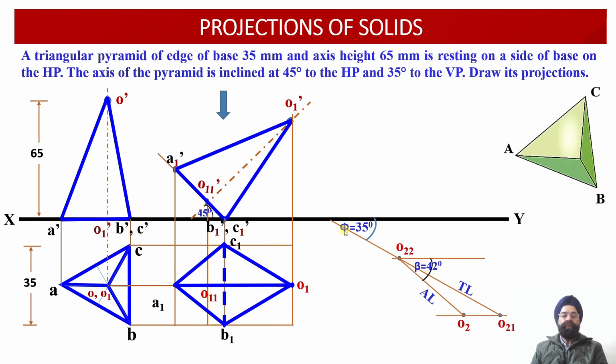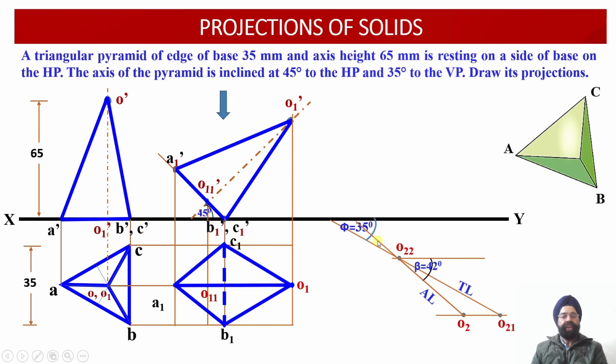Now we have to reorient this top view projection. In order to rotate it, this orientation line has been obtained. Now we are going to extend this orientation line so that it intersects with the XY reference line. This angle happens to be 42 degree.